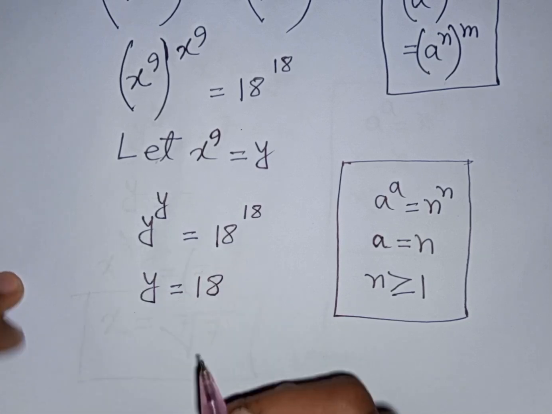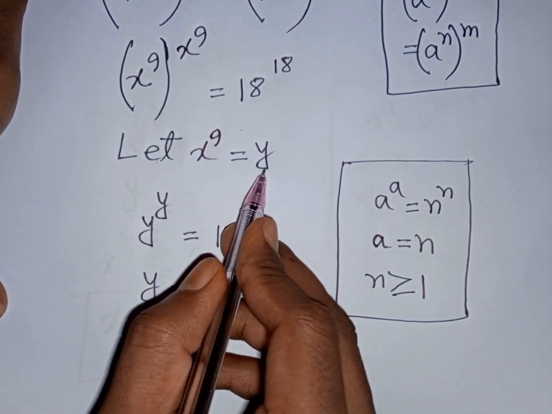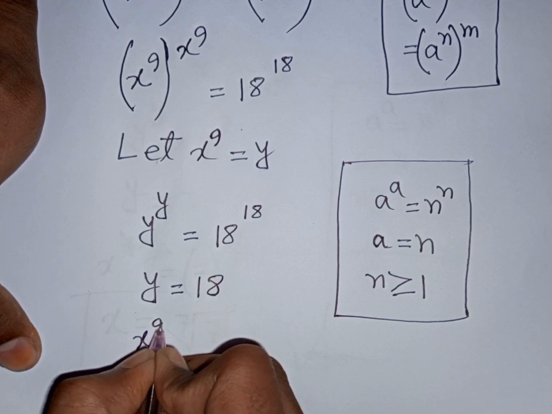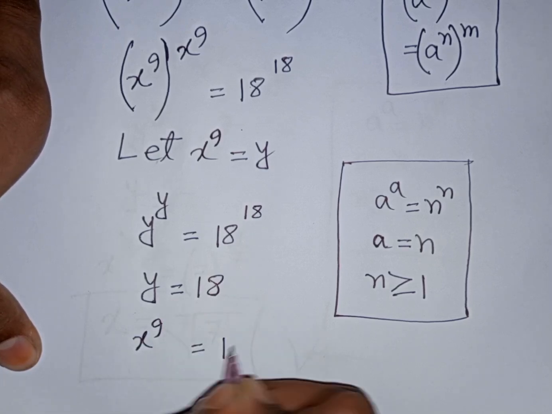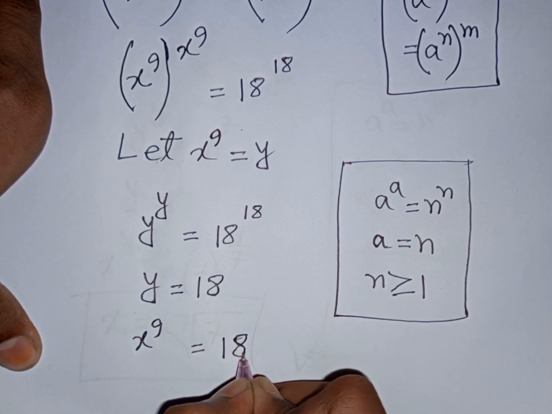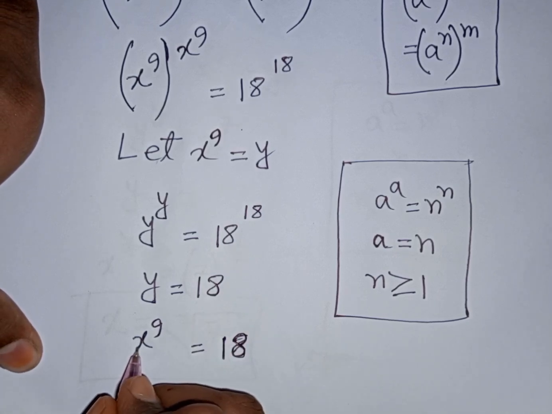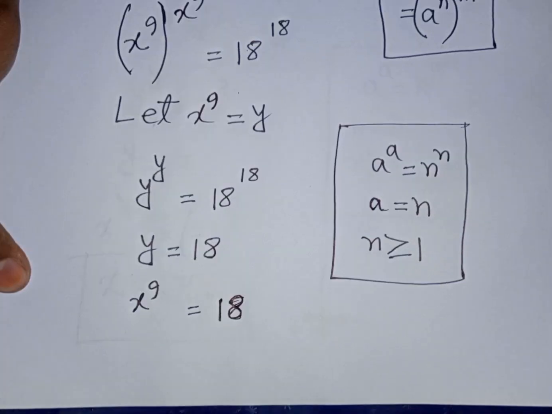But remember that x power 9 is substituted by y. So y means x power 9 is equal to 18. Now we need the value of x, so we multiply by power of 1 by 9 on both sides.